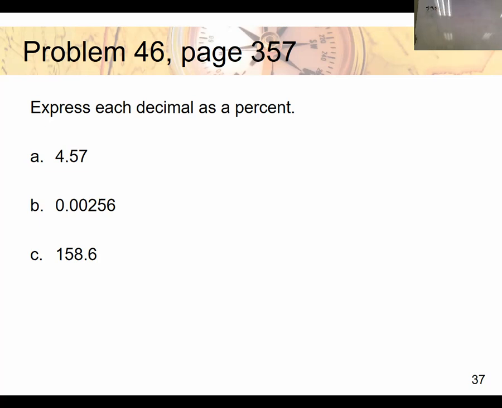All right, so in this case here, what would 4.57 as a percent be? 457%.